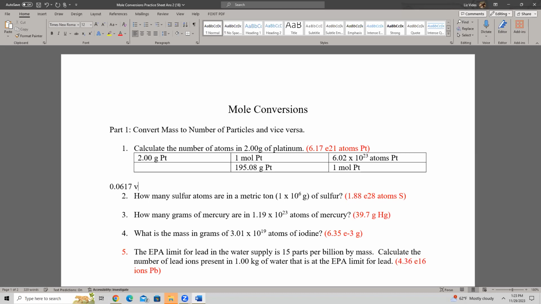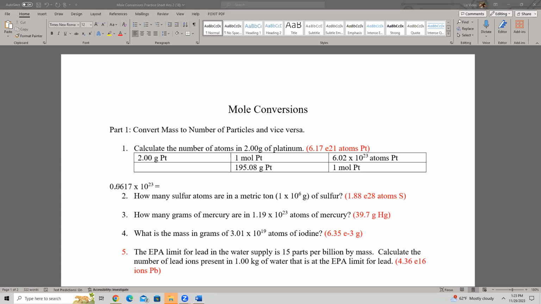We need to do times 10 to the 23rd. Because we didn't multiply it before, but we can now, all right? And that's going to be atoms of platinum. But we're not finished yet because that's incorrect. Remember how we did the increase, decrease thing?